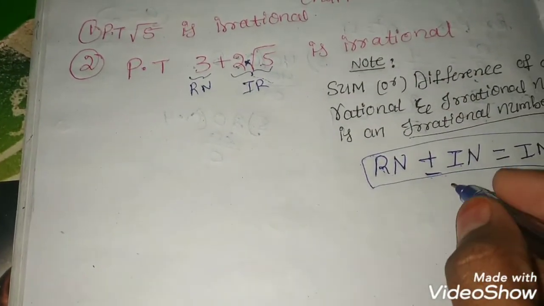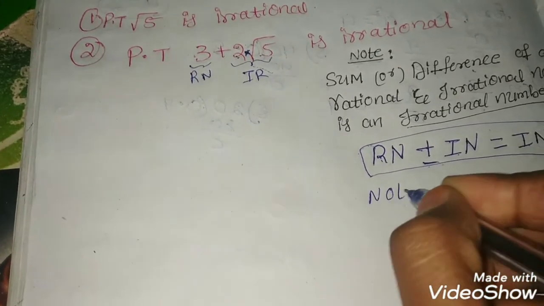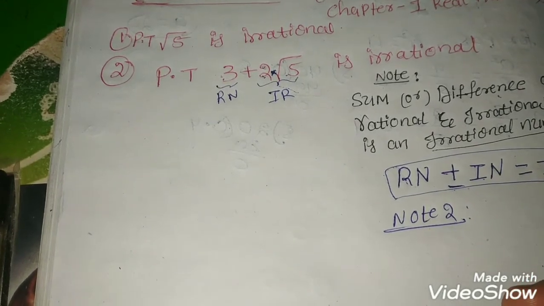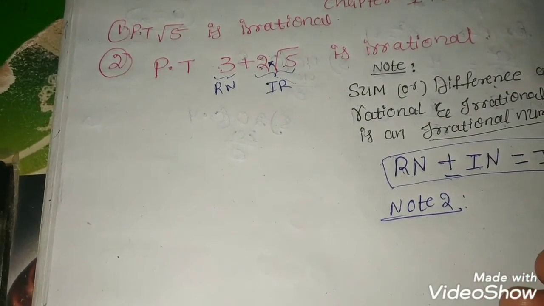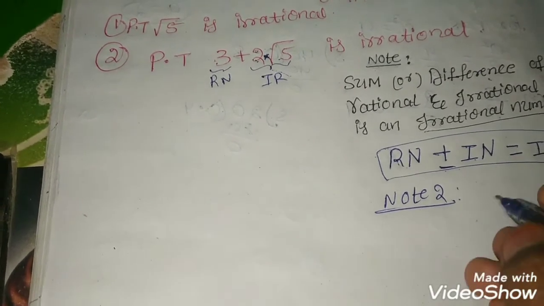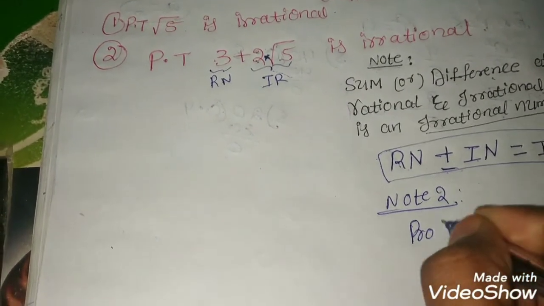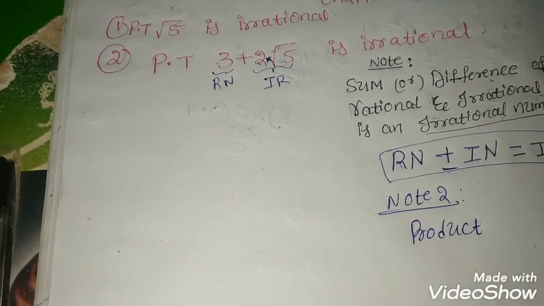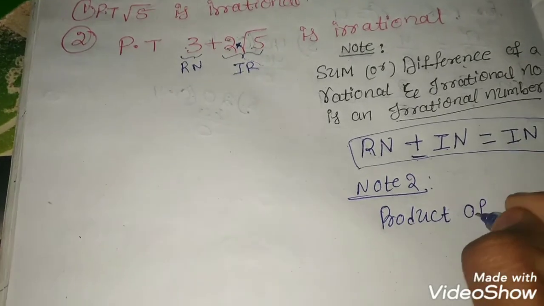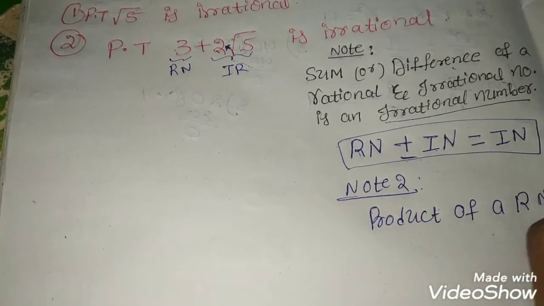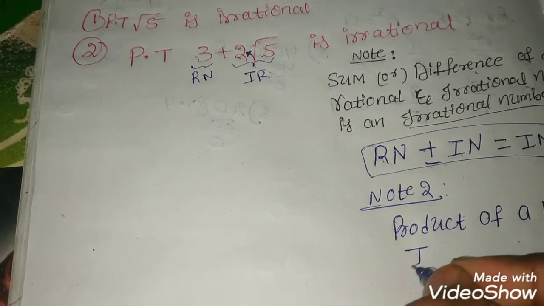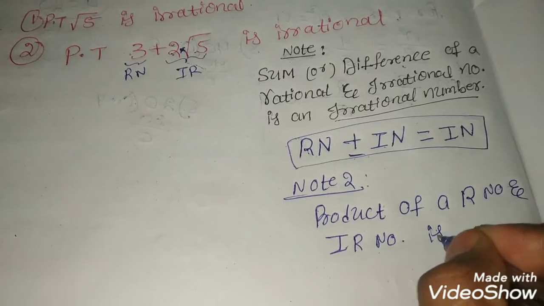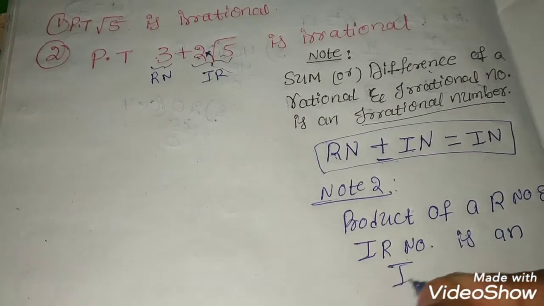Write note 2: the product of a rational and an irrational number is an irrational number itself. Product means multiplication of a rational number and an irrational number is an irrational number itself.